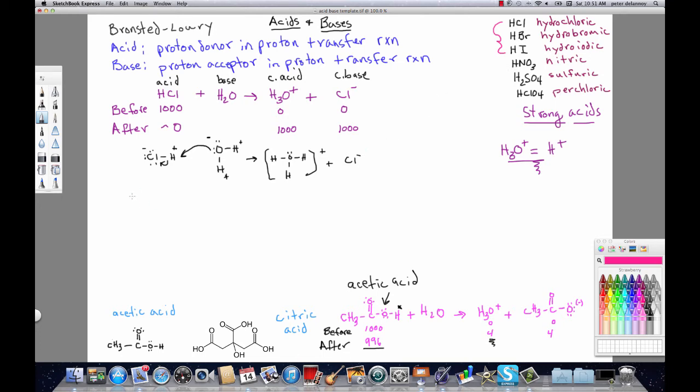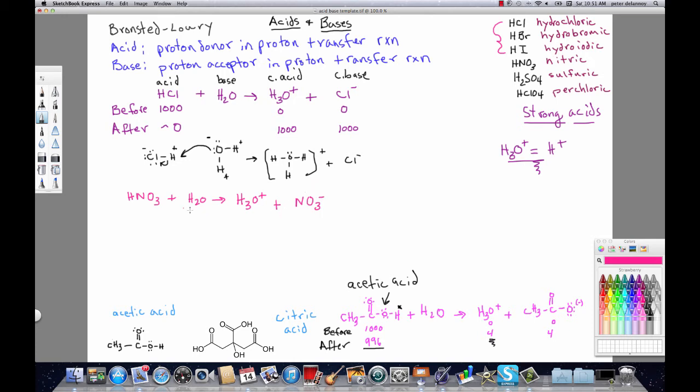nitric acid. All right, and we can draw a similar ionization equation for HNO3, strong acid with water. All right, ionization equation. We're going to end up producing H3O+, just like with the HCl, the HBr, and the HI. Only the difference here is the anion that we're producing is a polyanion.